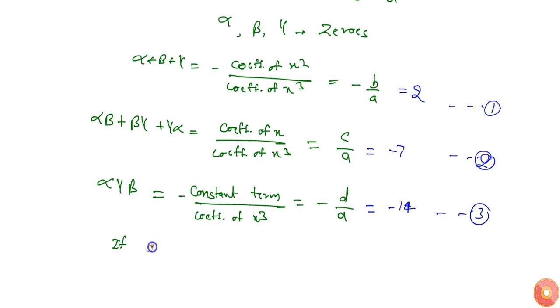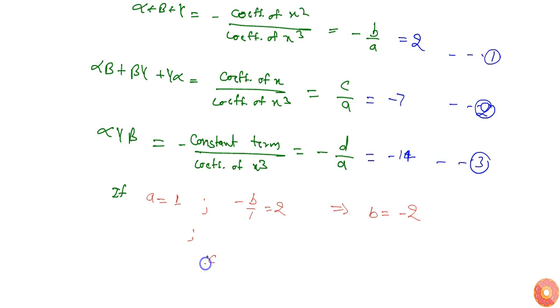So let's say a equals 1. Then from equation 1 I can say minus b by 1 equals 2, or b equals minus 2. From equation number 2 I can say c by 1 equals minus 7, or c is minus 7.